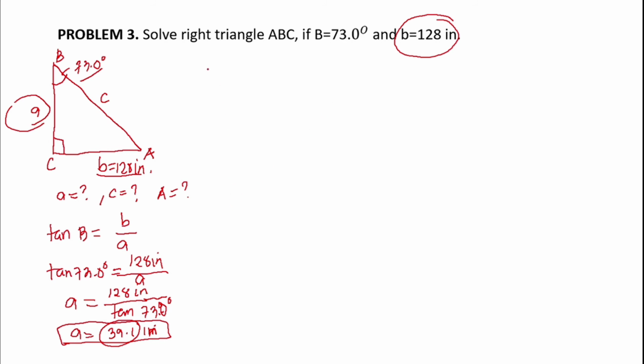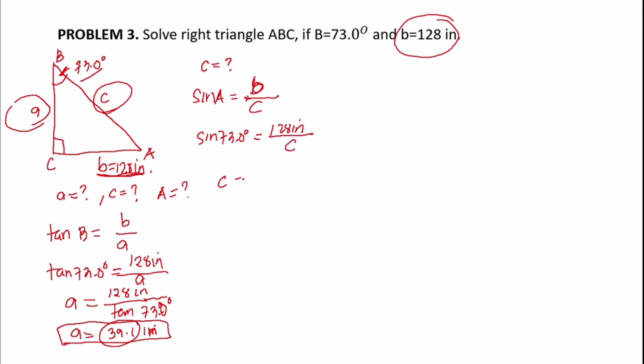To solve for c, the given information is B, the opposite, and the hypotenuse, and this is the angle. So therefore, sine A is equal to the opposite, which is B, over the hypotenuse, which is c. So sine 73.0 degrees is equal to our B, 128 inches, over c, which is the unknown.